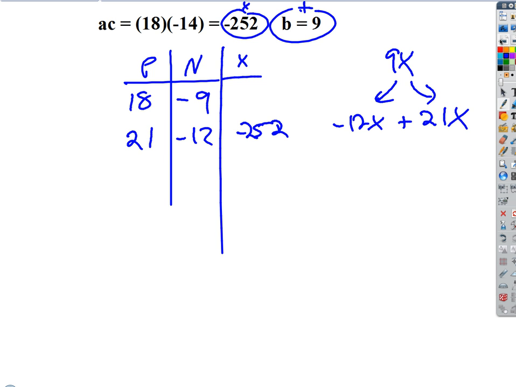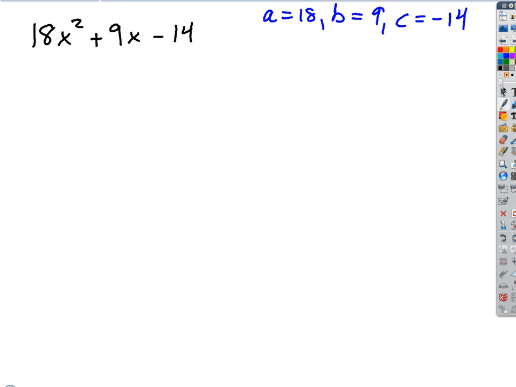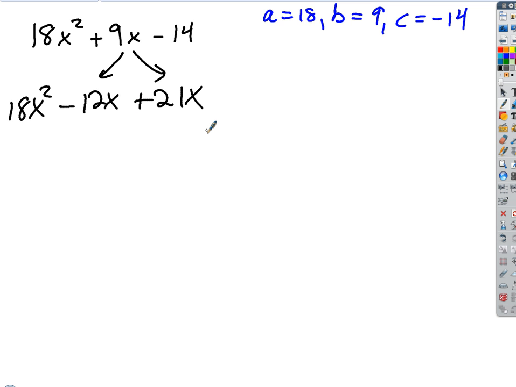So if we go back over here, that's how I'm going to split this up. I don't get to choose, those are the numbers that worked. So we end up now, instead of 18x squared plus 9x, we're going to get 18x squared minus 12x plus 21x. Still just 9x, but split into two terms.